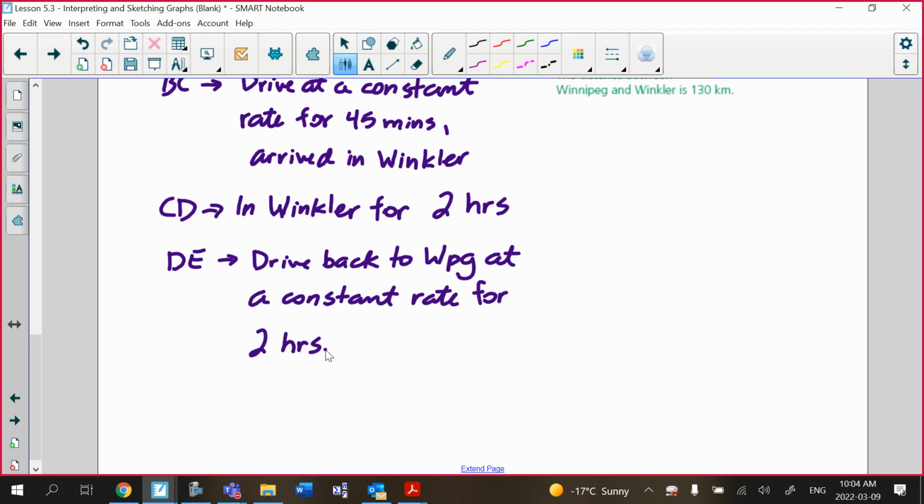The last type of example I want to talk about is, now you're given this and you have to create the graph. So here is an example where you are given a situation and you have to come up with a graph of that situation.